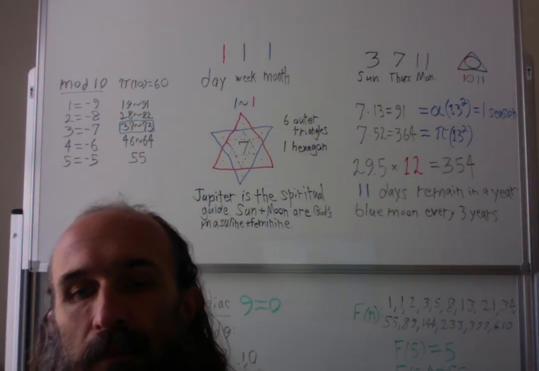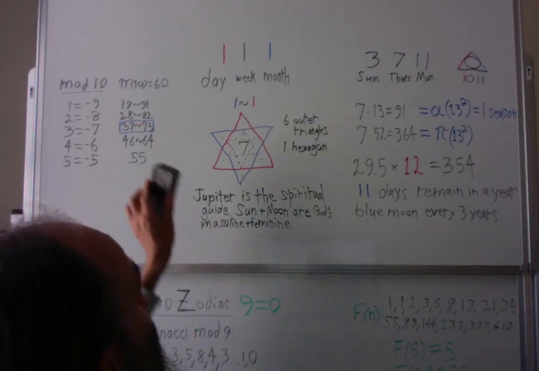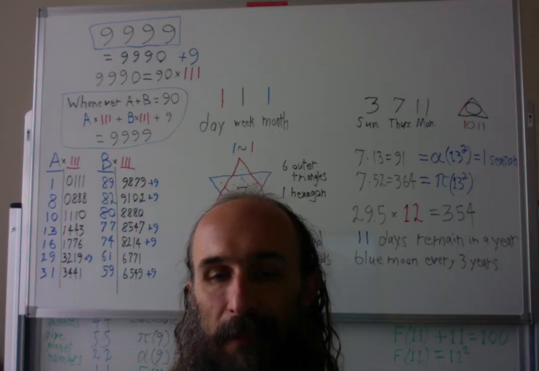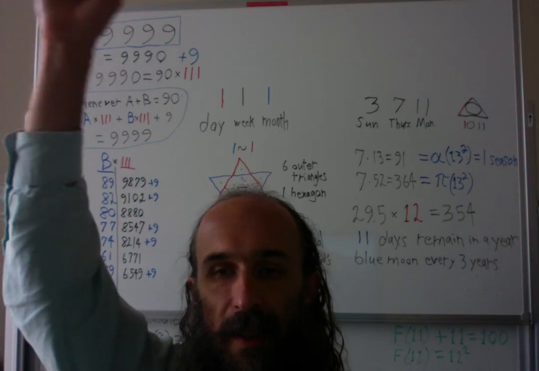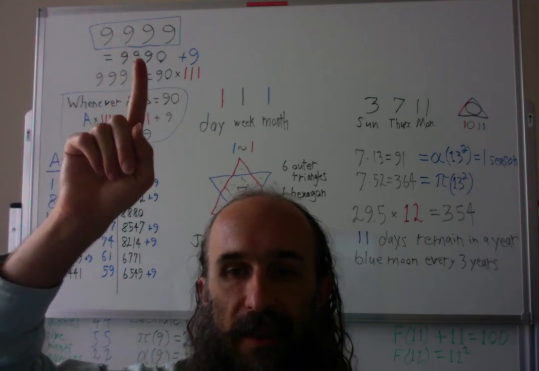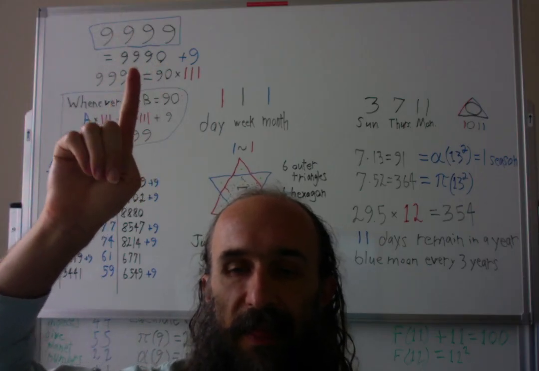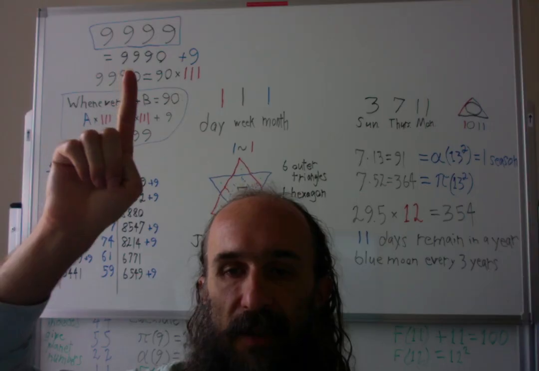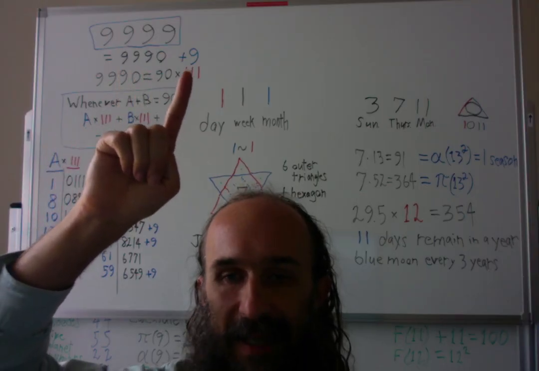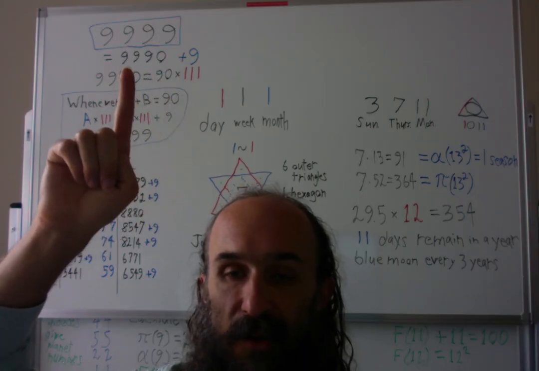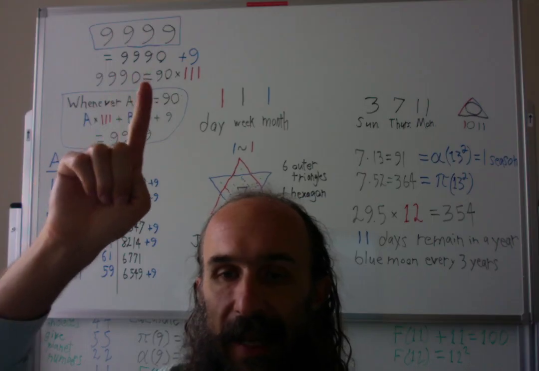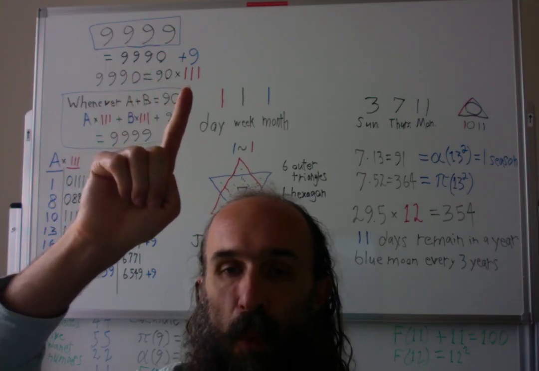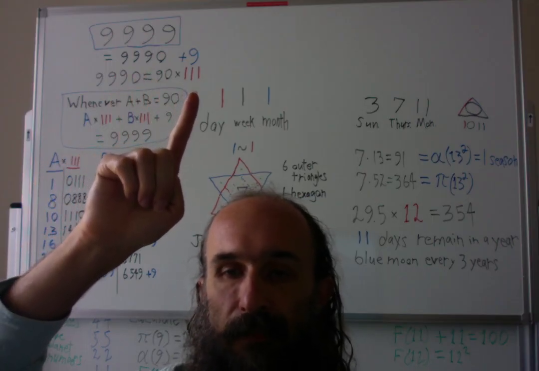Let's clear some board space here. The biggest 4-digit number is 9,999. That is just 9,990 plus 9. And 9,990 is 90 times 111.